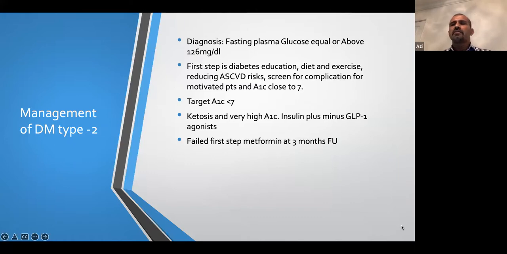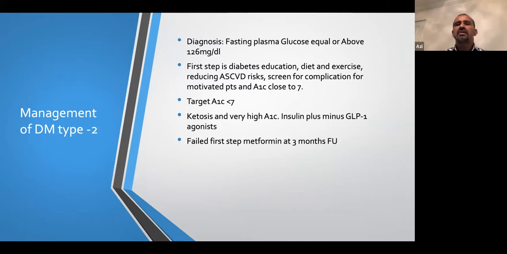So as we talked about, fasting plasma glucose equal or above 126 milligrams per deciliter. The first step is diet, exercise, reducing the ASCVD risk factors. Screen for complications for patients, sending to the optometrist and the podiatrist for ulcer screening and urine albumin.